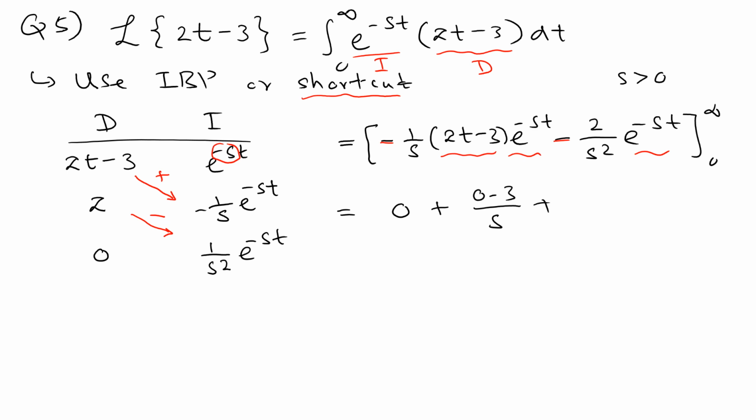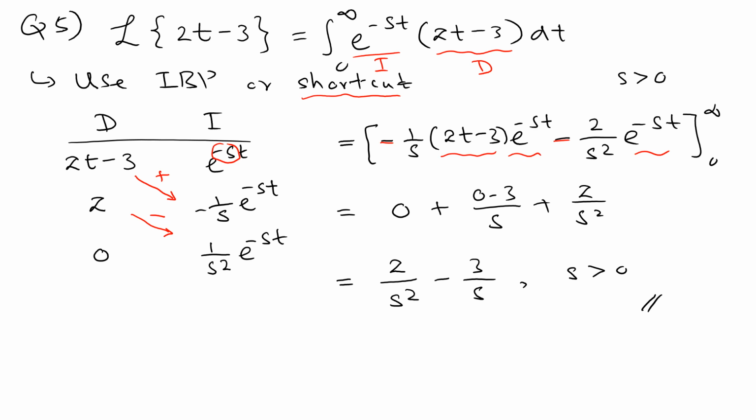From the second term, you get 2 over s squared. So if you simplify, you're going to get 2 over s squared minus 3 over s, as expected. From the tables, you can see that's exactly what you get, and from direct integration, you get the same answer.